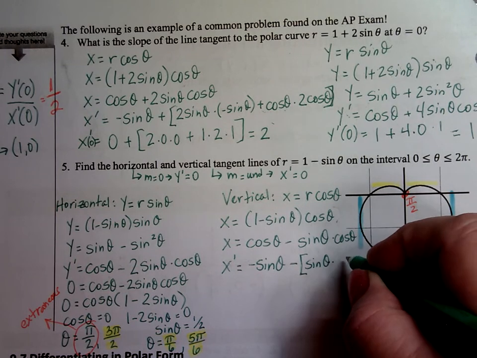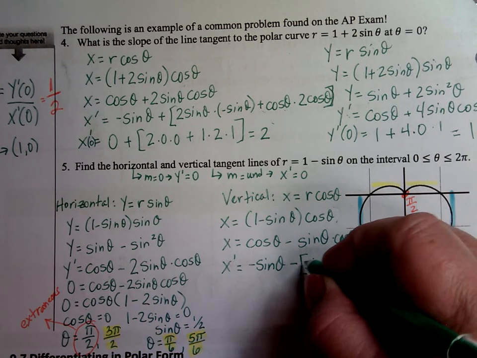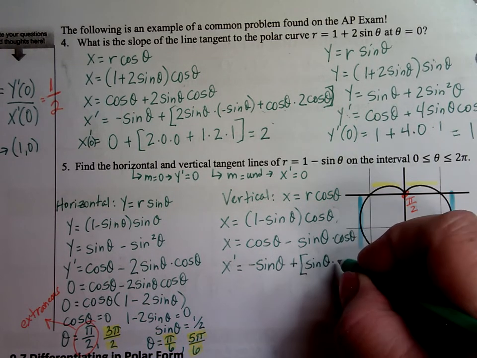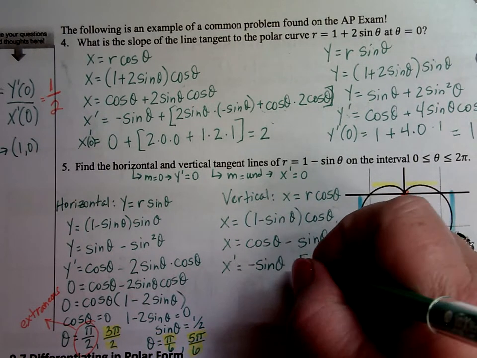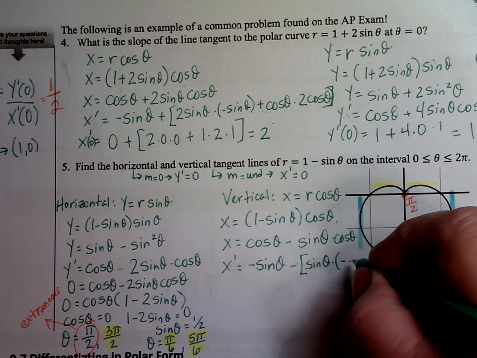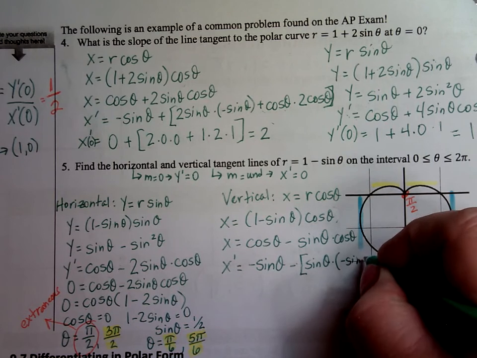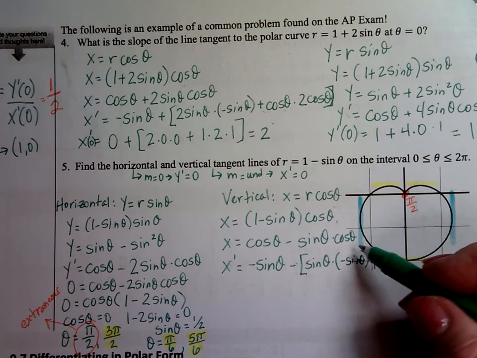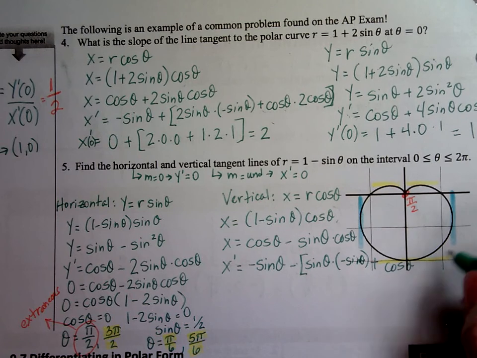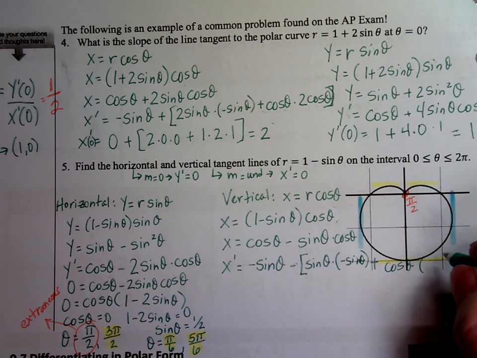Derivative of cosine is negative sine, makes this plus. Maybe I don't like changing it there. Hold on. Let's leave it as minus. We're going to leave this as a negative sine. And then plus the second, cosine, times the derivative of the first. Well, the derivative of sine is cosine.